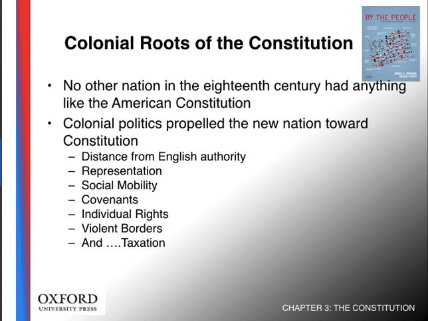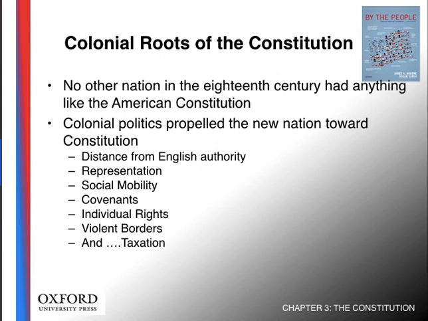Because this isn't a history course, we won't spend a whole lot of time on the history around making the Constitution, but please read that in the chapter. Just know that at that time in the 18th century, there were no other nations that had anything like an American Constitution. So this was a new experiment for the framers.